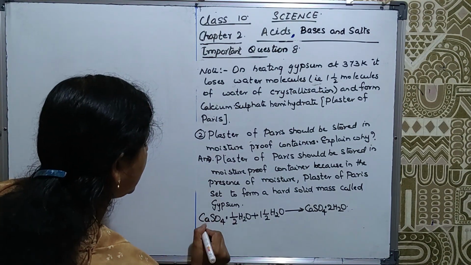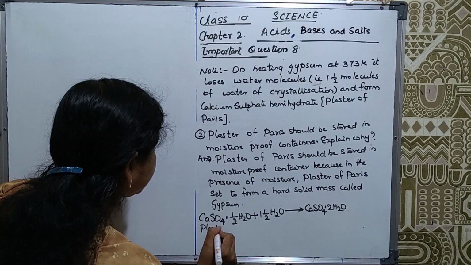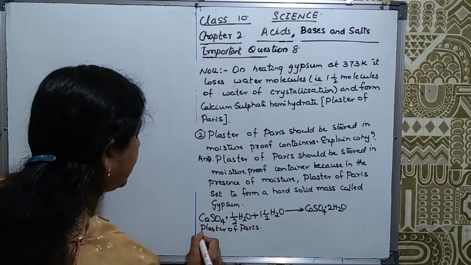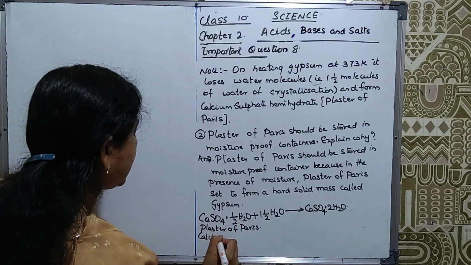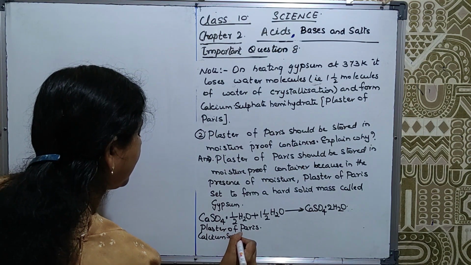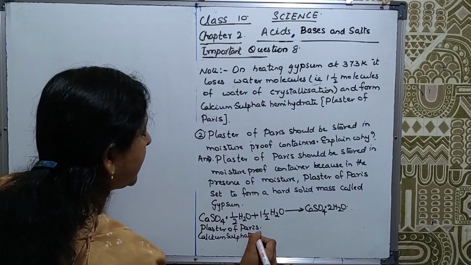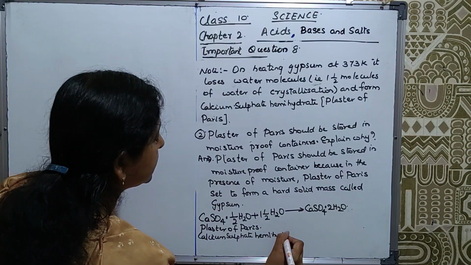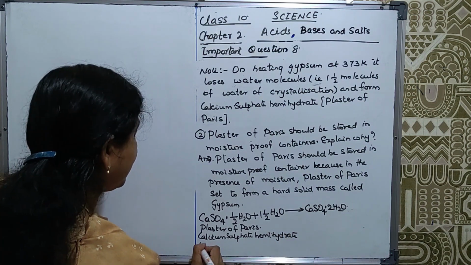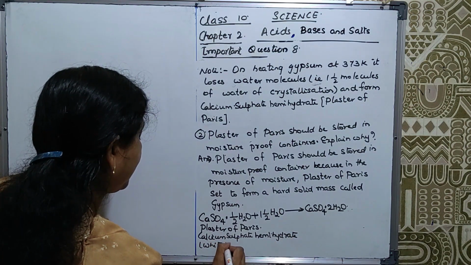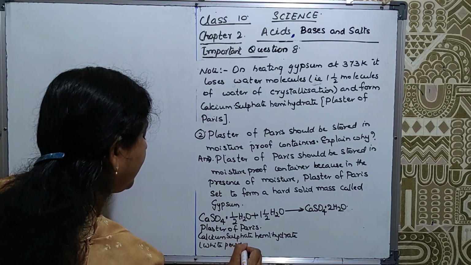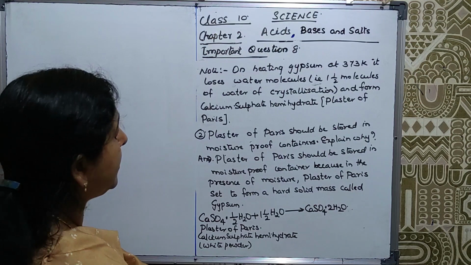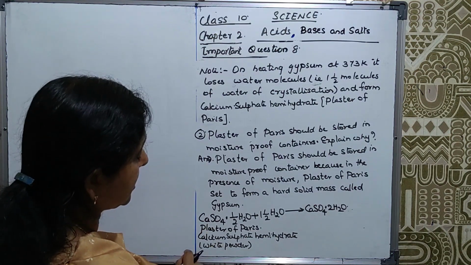So plaster of Paris is calcium sulfate hemihydrate. This is a white powder. This white powder is actually used for setting the fractured bone also.